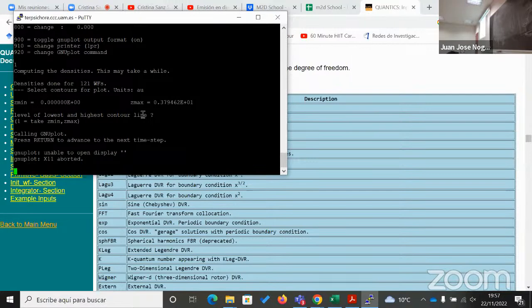It didn't run. This is not the one. It didn't run for some reason. It said that it ran, but it didn't. So it actually didn't work. I don't know why.